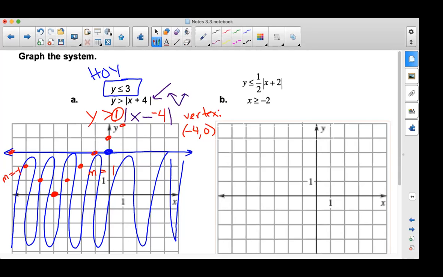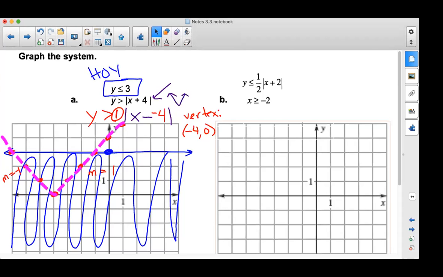So I need to connect this line. Gabby Snyder, are we connecting our graph here that's going to be a V with a solid or a dashed line? Dashed, yeah. So dashed because it says greater than. And then, Gabby, when it's greater than, would we shade above this V or below the V?